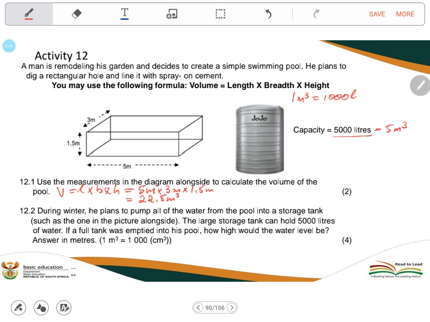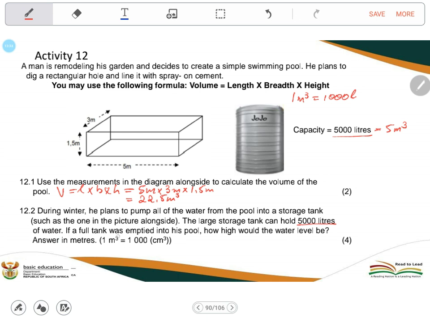Right, so that's what it means here. Now the next question, it says during winter, he plans to pump all the water from the pool into a storage tank, such as the one in the picture alongside. The large storage tank can hold 5,000 liters of water.